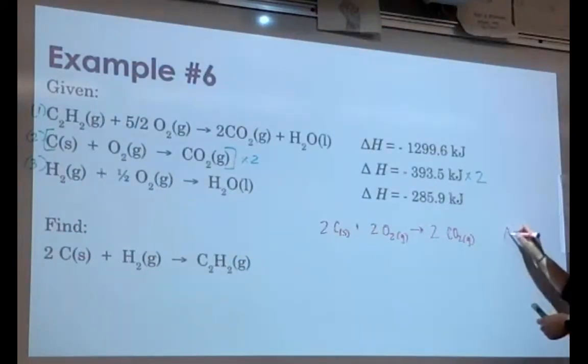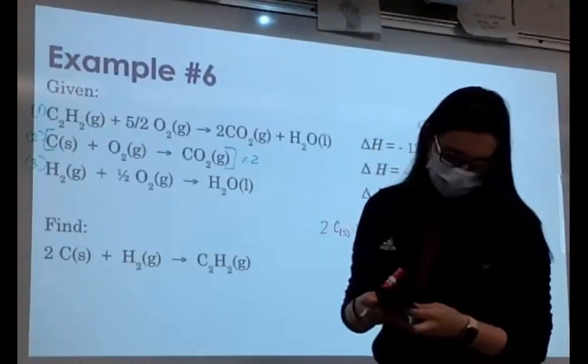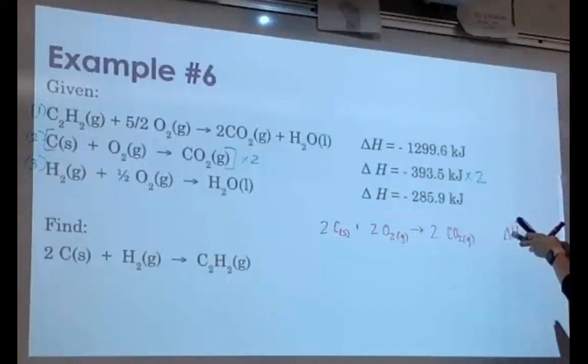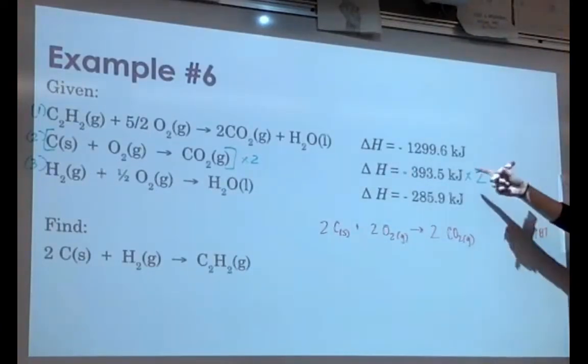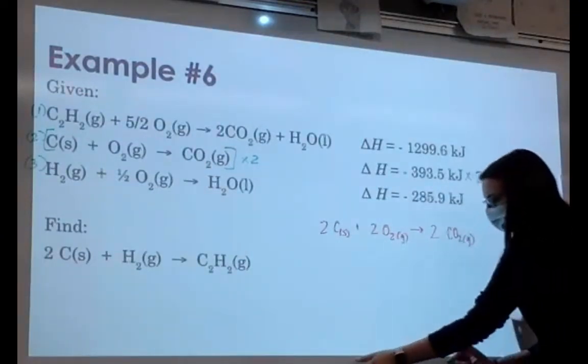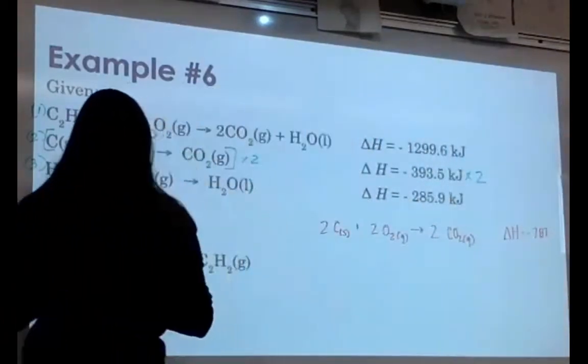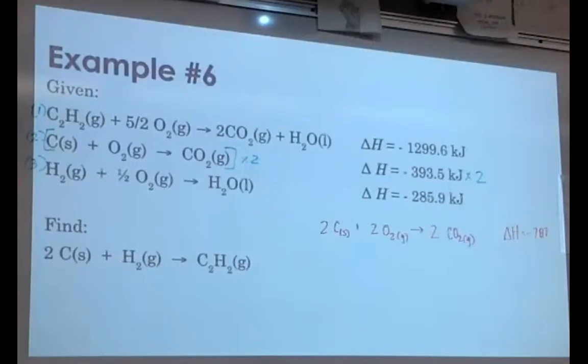And then the delta H will be negative 393.5 times 2, negative 787. I just literally multiplied everything by 2 and wrote it here. Okay? So now I got carbon in the right place. I'm not going to worry about hydrogen yet, just because it could potentially be in multiple places.